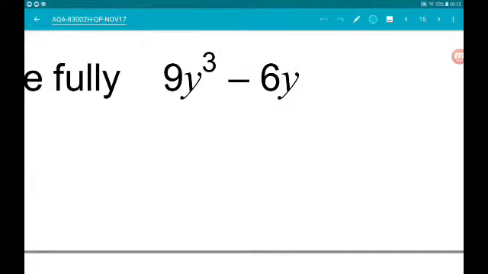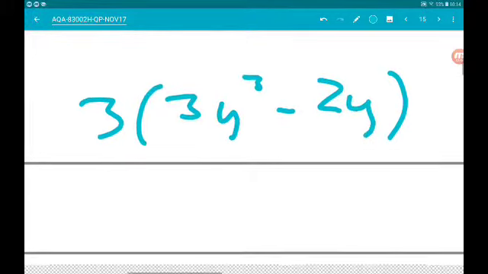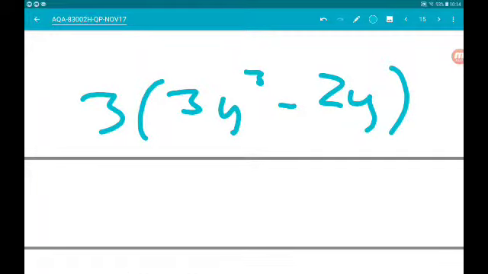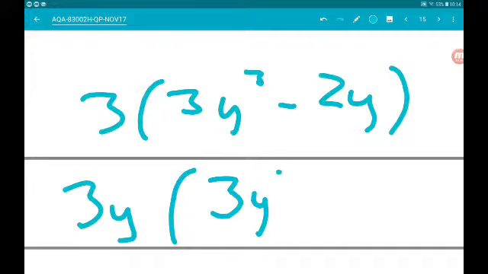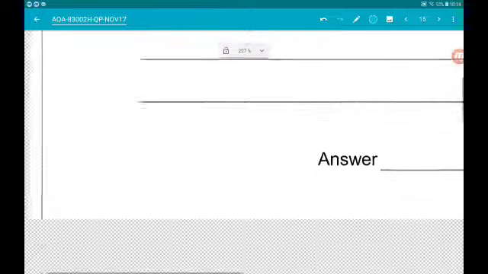So if we take that out, we get 3 times 3y cubed minus 2y. Now the other common factor is y. So we take our factor of y, so we get 3y lots of 3y squared minus 2. Cool.